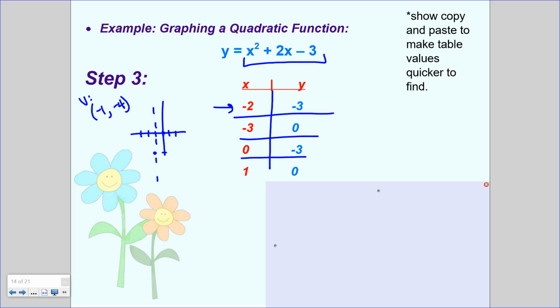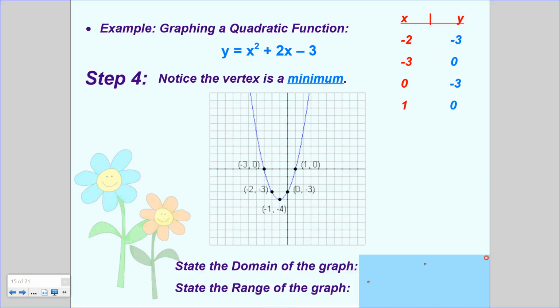And so then what we get are several points. So all of these can be written as ordered pairs. And all of these ordered pairs fall on the graph of this quadratic. So lastly, what we're going to do is plot those points we just found along with the vertex and get a nice sketch of what this parabola would look like.